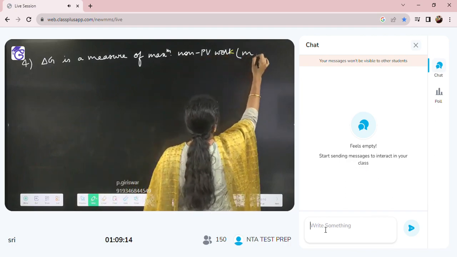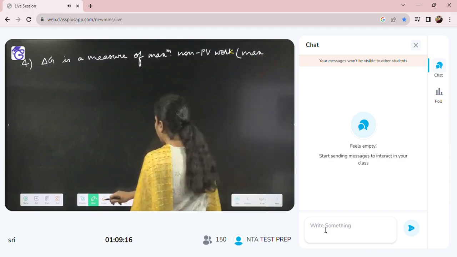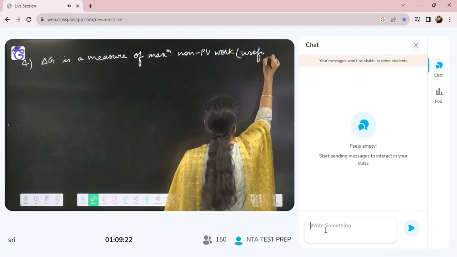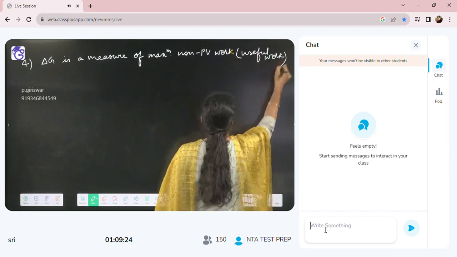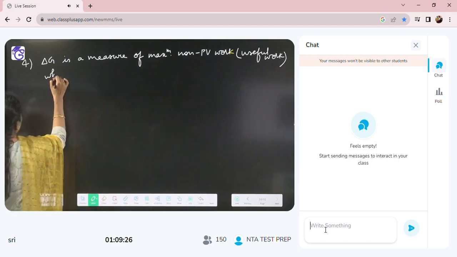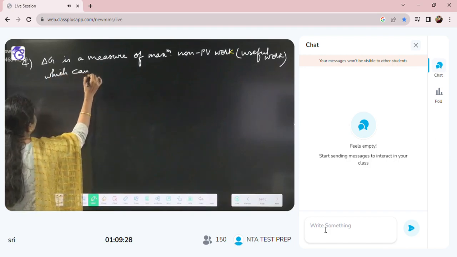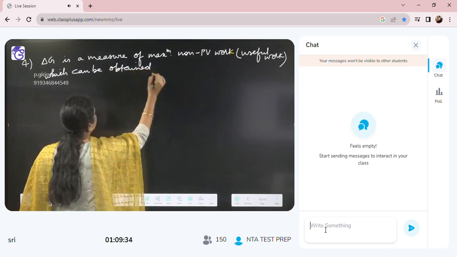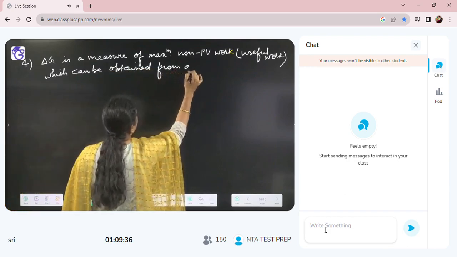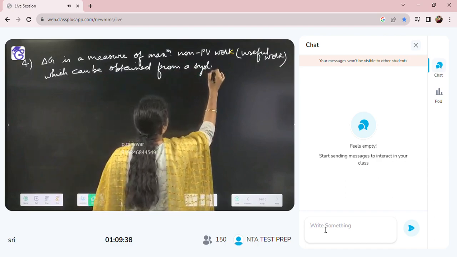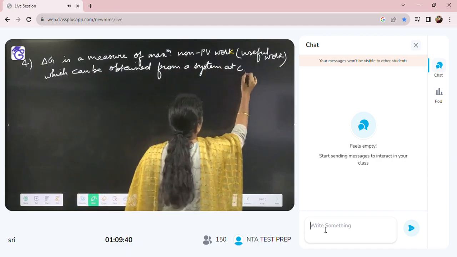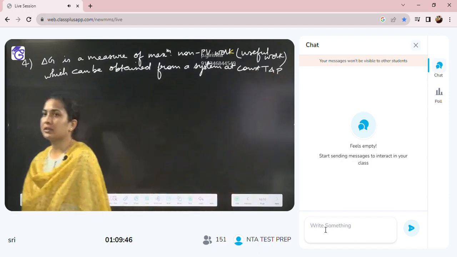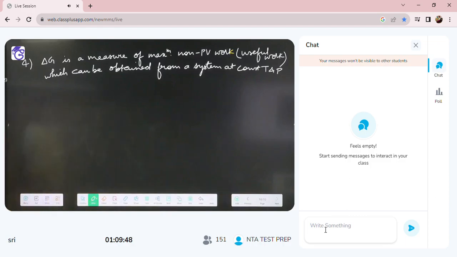Non-PV work means maximum or else useful work, useful work which can be obtained from a system at constant temperature and pressure. From a system at constant temperature and pressure.